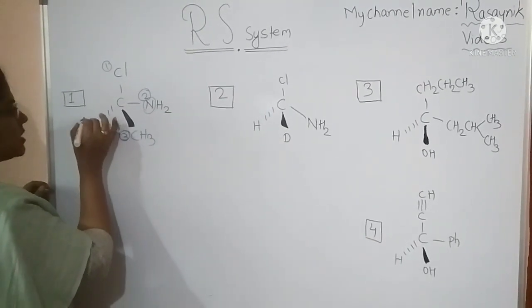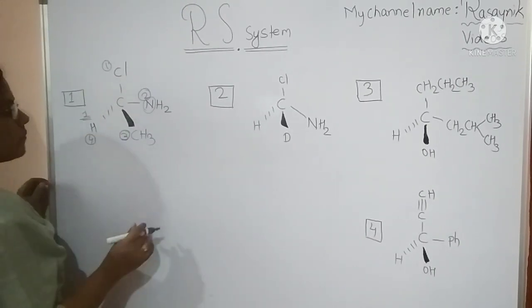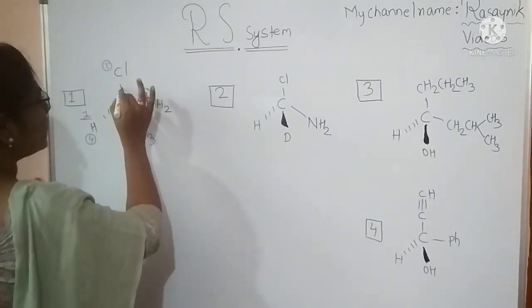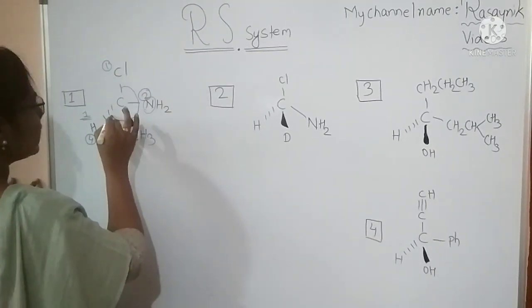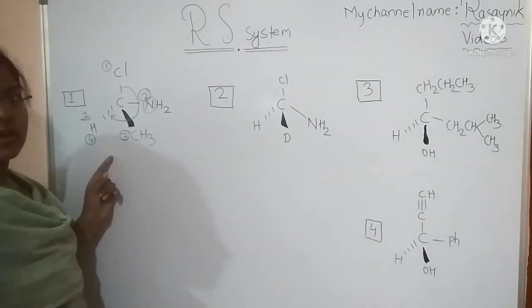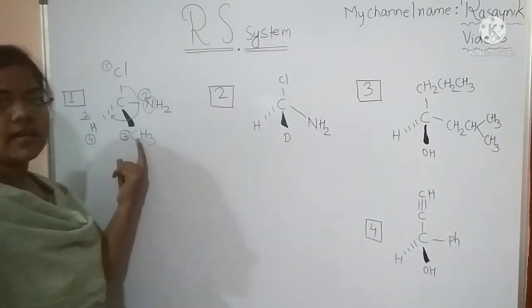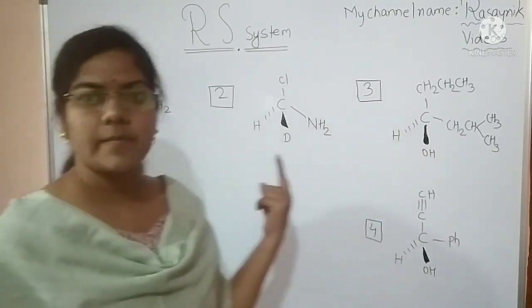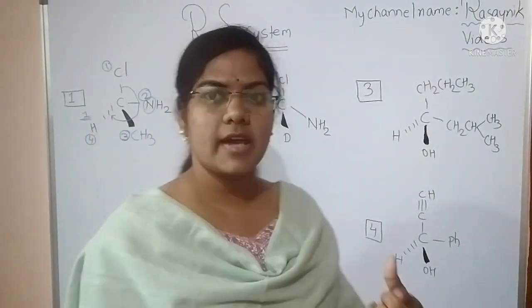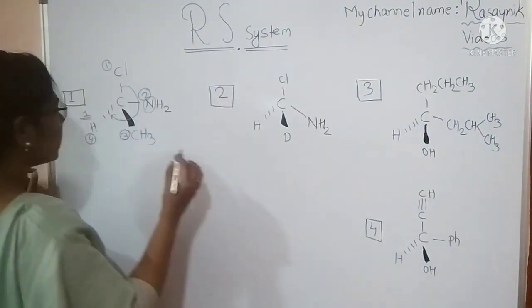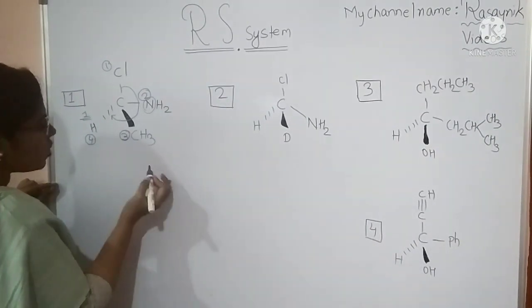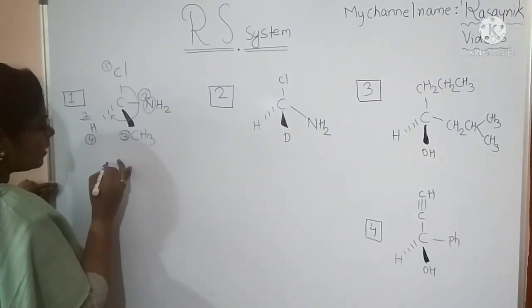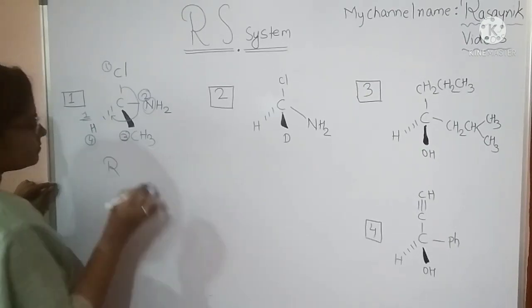The atomic number of hydrogen is 1. Now how do we rotate through 1, 2, 3 and then 4? In which direction? In a clockwise direction. So in the clockwise direction, which configuration will come? R configuration.